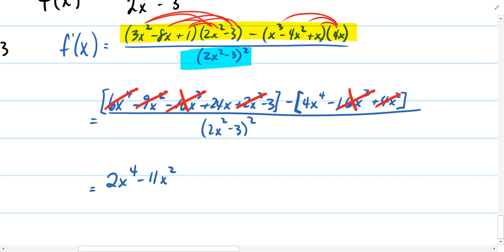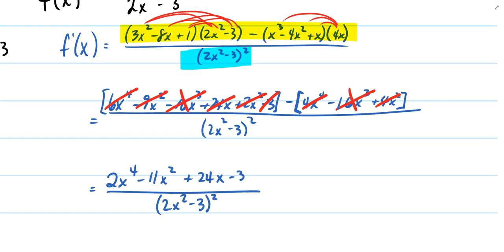The 24x has nothing to combine with it. I should have marked that off. The 24x has nothing to combine with it, so I'll bring it down. And this minus 3 has nothing to combine with it either, so I'll bring it down. And we have a denominator of 2x squared minus 3, quantity squared.